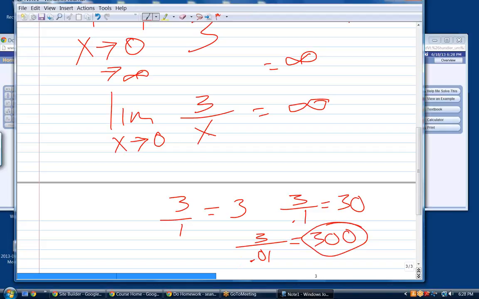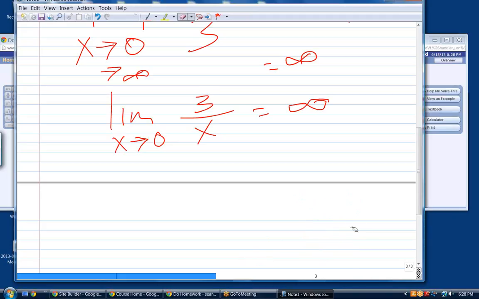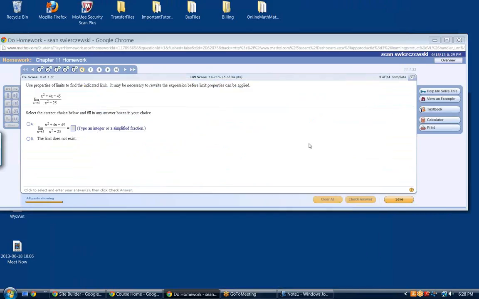So as I approach 0 in the denominator, my entire value is going to blow up, going to get larger. So the easy parts of limits are where either the denominator or the numerator blows up. The tough part of limits is when direct substitution results in 0 divided by 0.